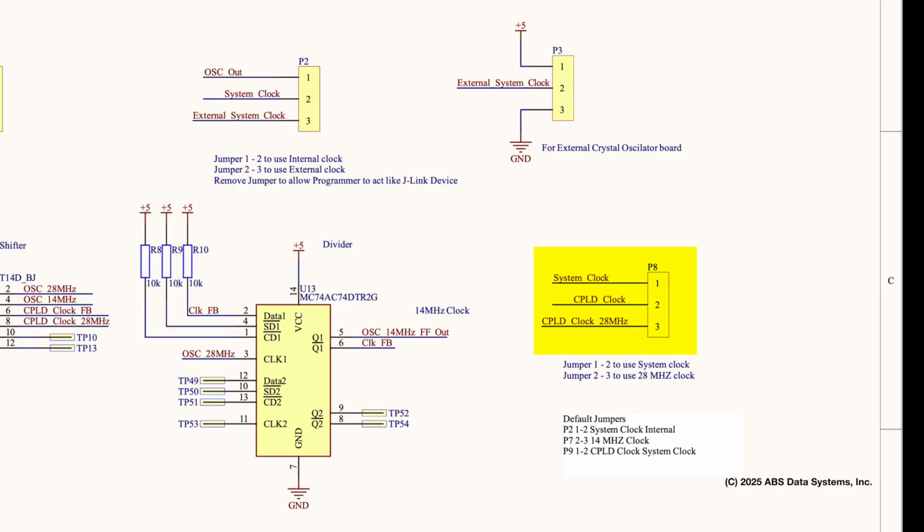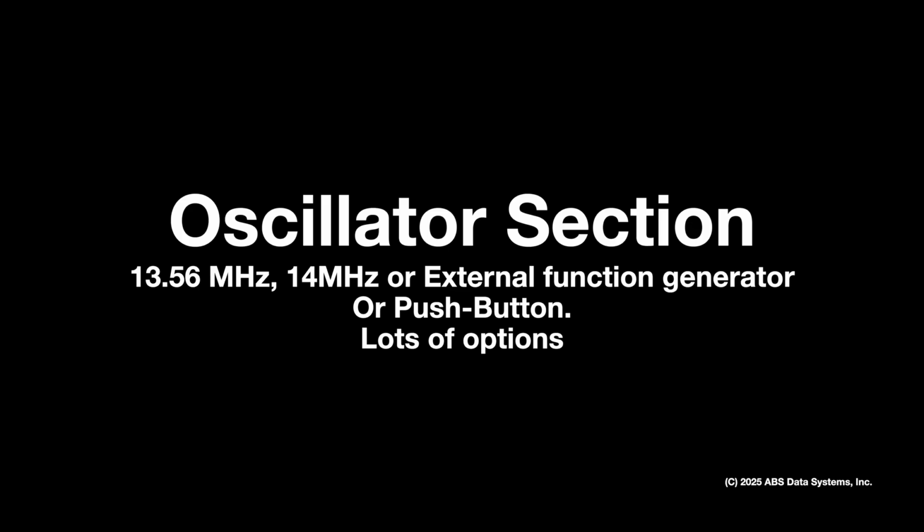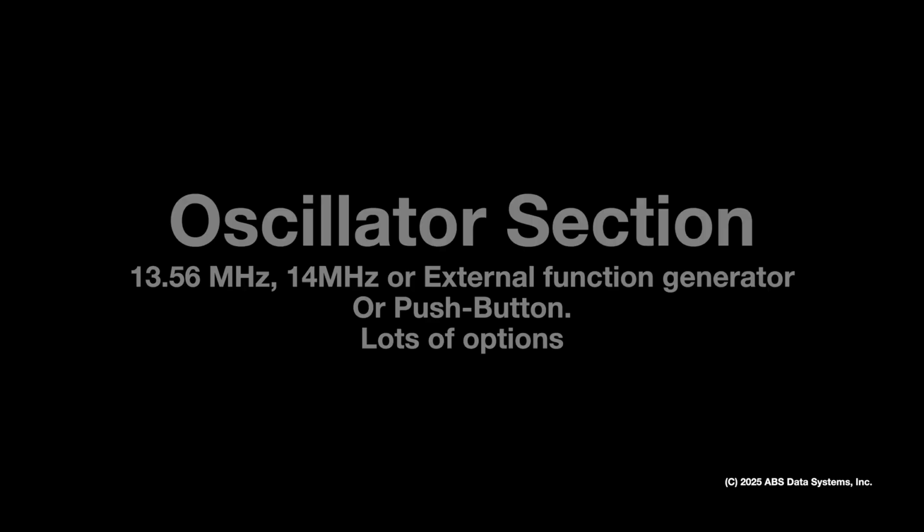P8 provides that choice. In summary, the system clock can be 13.5 MHz, 14 MHz, a function generator, a push button switch, or the JLink programmer.